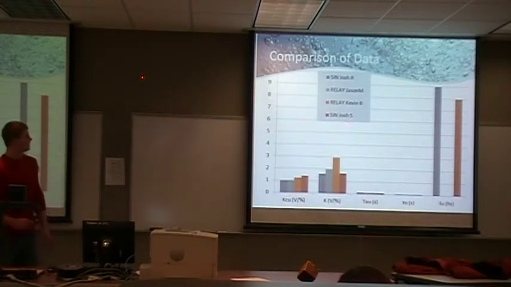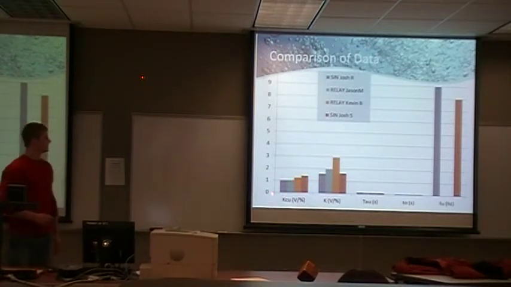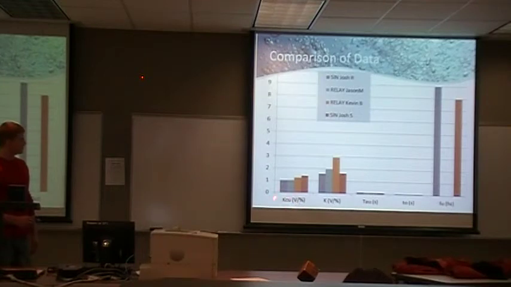Now this is a comparison of the data between the sine and the relays developed by Josh, both Josh's and me and Kevin. On the outside, we have the sine response due to Josh Rogers. The inside is the sine response due to Josh Solomon. The two inside are the relays. The KCU values are all relatively similar, with slight variation between those. The K values are basically the same thing as well.